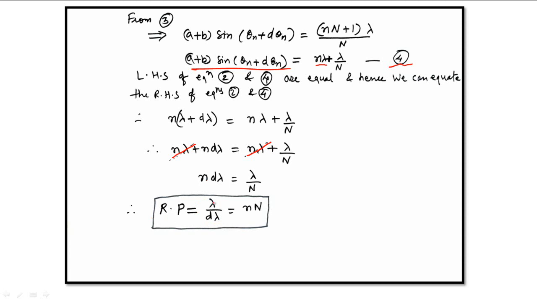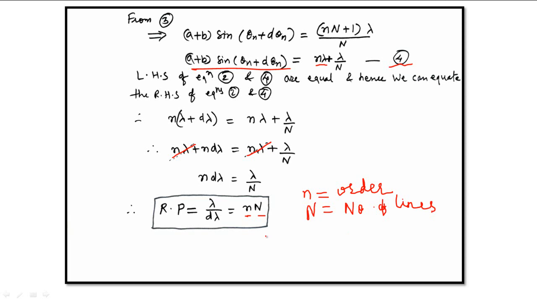So here this ratio will be equal to small n into capital N, where this small n is the order of diffraction, and this capital N is the number of slits, or it is the number of lines which are ruled on the grating.